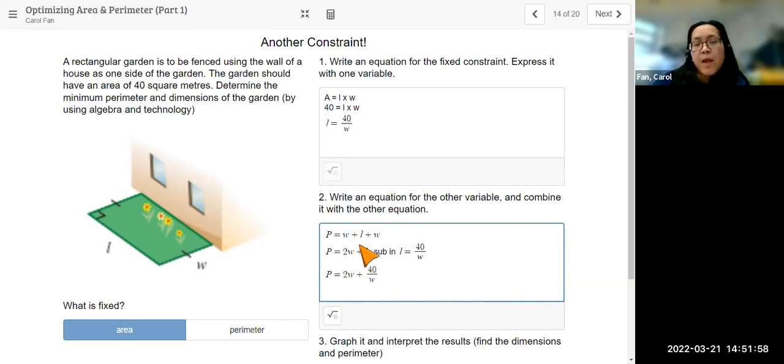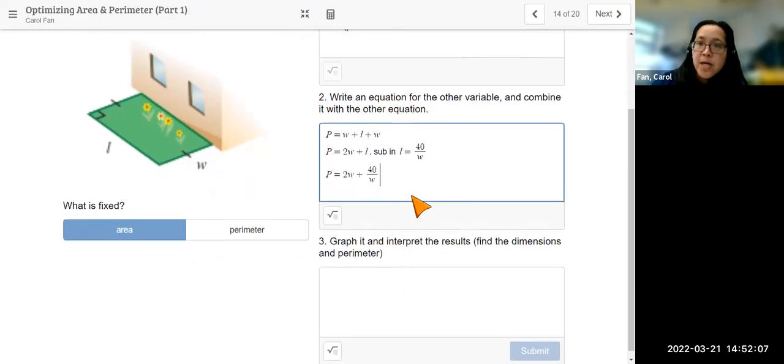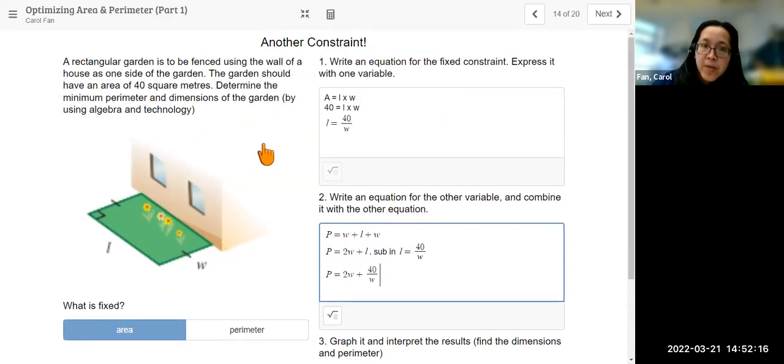Great. We've got this equation here. I don't know what it looks like off the top of my head, so I'm going to consult my graphing calculator, find the minimum value so that I can find the perimeter.